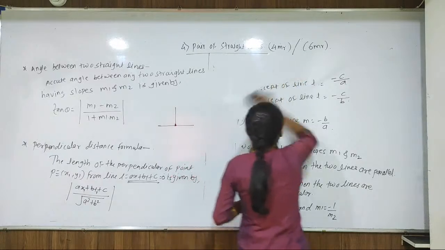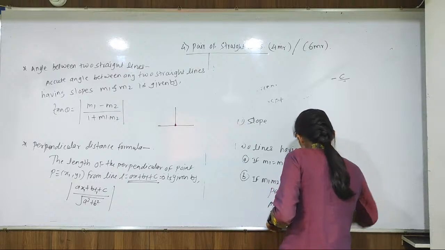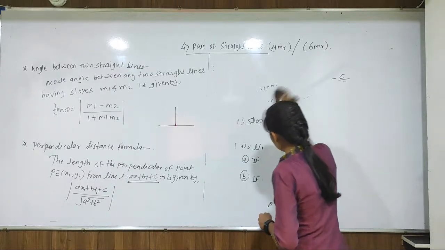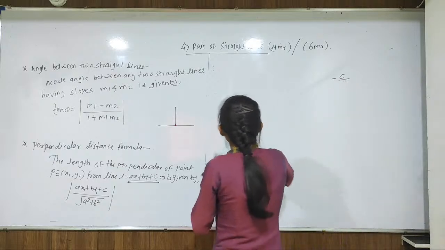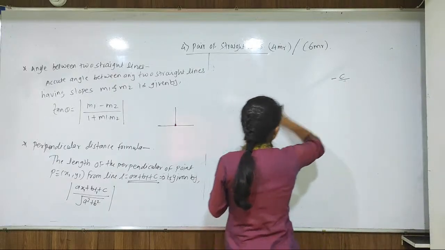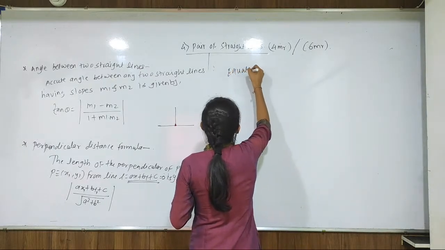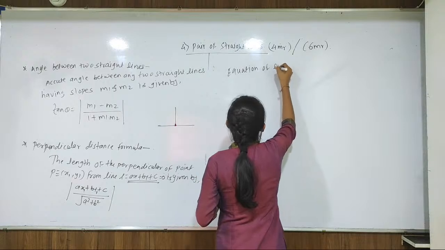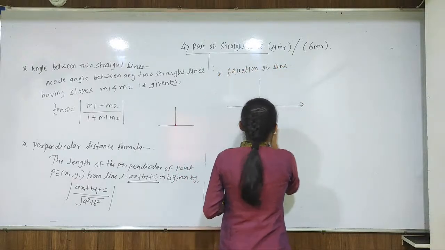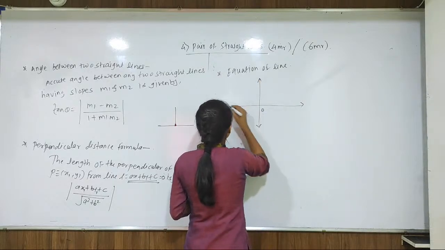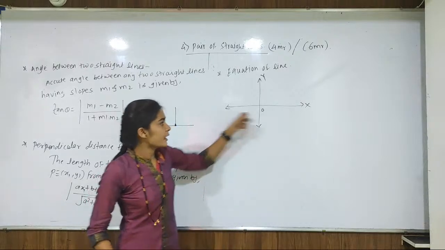Now the next is again equation of line. Okay, suppose this is our x-axis, origin, y-axis. So the equation of this x-axis, what is it?